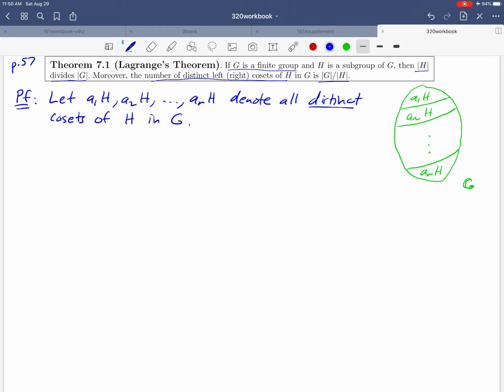Now what we want to do is make the point that if you take any element A in G and ask what is the coset generated by that element, it's got to be a coset on our list. In other words, for each A in G, the coset AH must be on the preceding list.